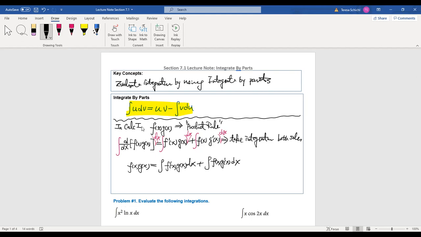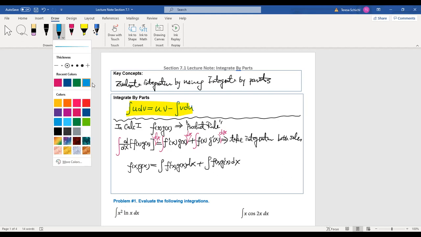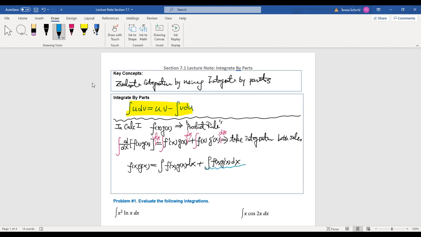Okay, so now if I want to find the integration of f of x g prime x dx, let me color code that. So this integration will just be the integration of f of x g prime x dx.